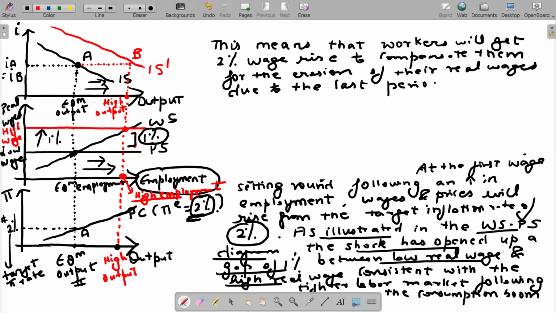Remember, last period also inflation was 2%. That means workers are going to demand 2% more wages to compensate them for their real wage falling because of last year's inflation.